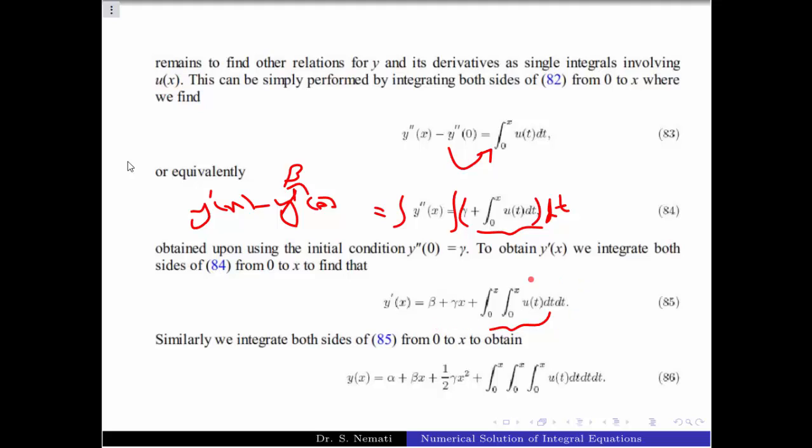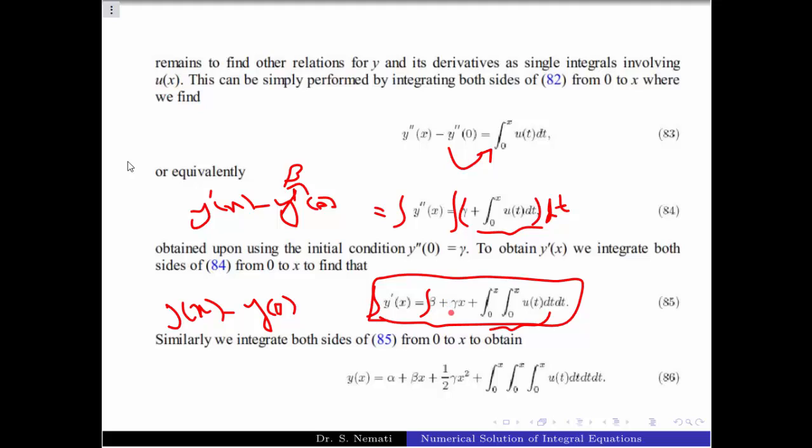And here we have the equivalent equation to equation 84. Once again, we take integral from both sides of this relation, and the left side gives y of x minus y of 0, and the right side gives the integral of beta, the integral of gamma x, and the integral of this double integral.